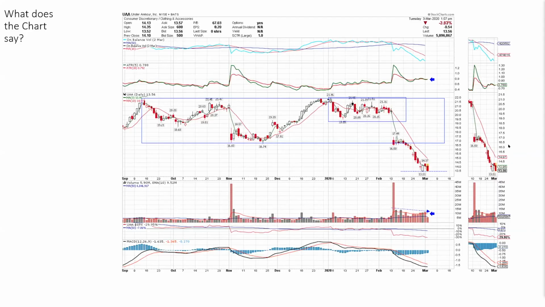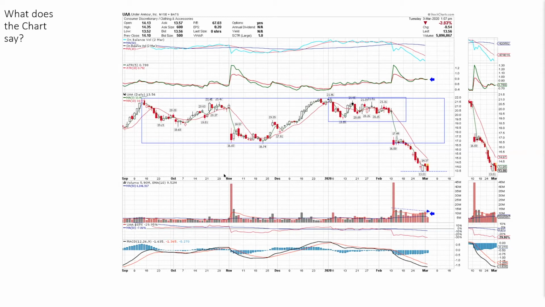which is Under Armour, another big stock. Again, we see our 5-period ATR is less than our 10-period, very, very close, and our volume is moving down, although the recent trend, maybe a 5-day volume, would be increasing.